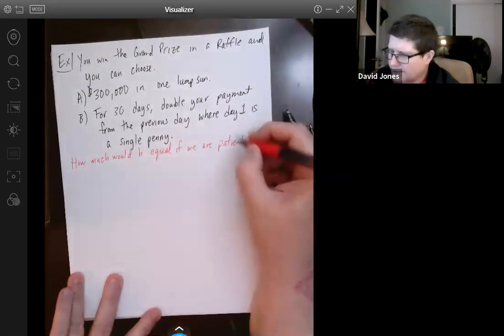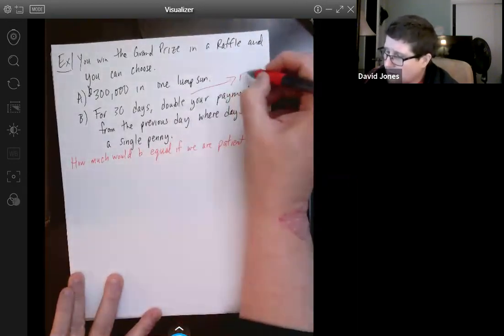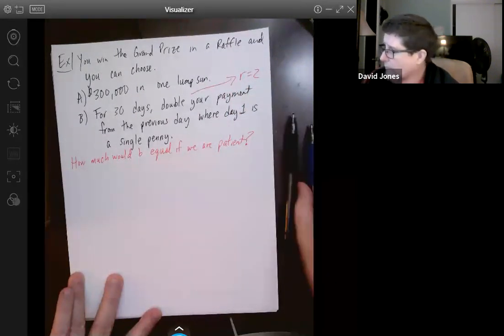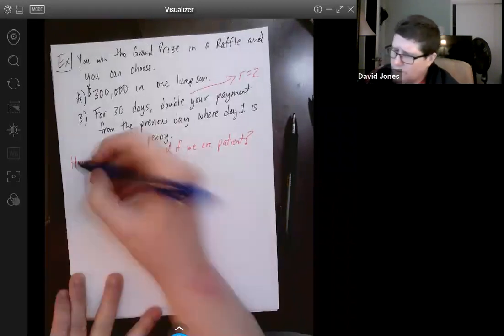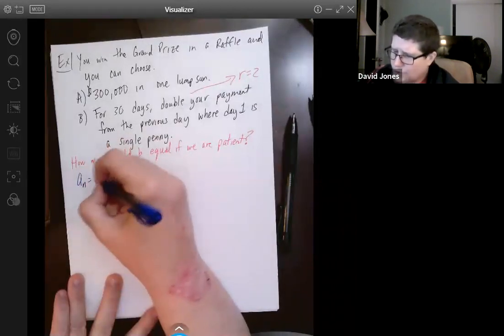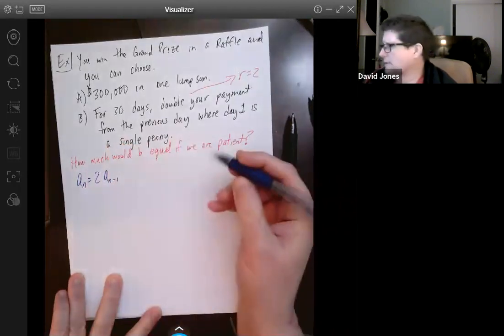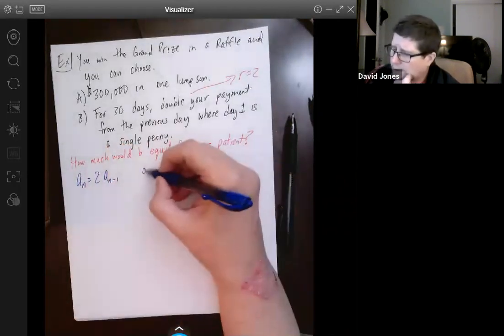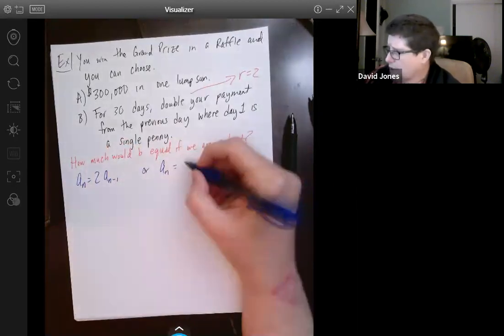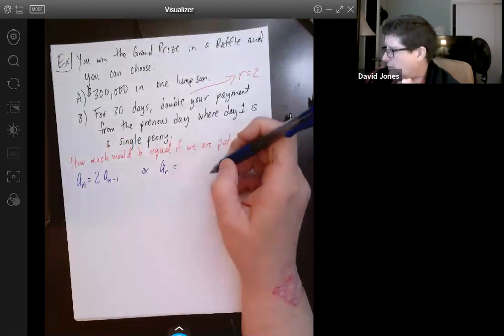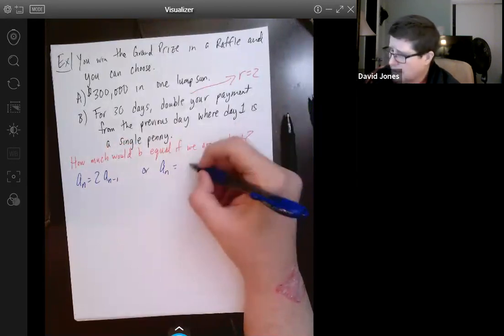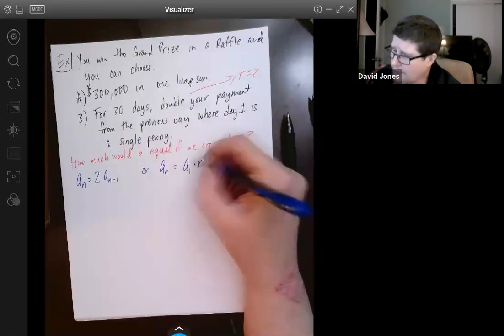Our multiplier is 2, which means a sub n equals 2 times a sub n minus 1. Or a sub n equals, what do we got here? a sub 1 times r to the n minus 1. Remember?